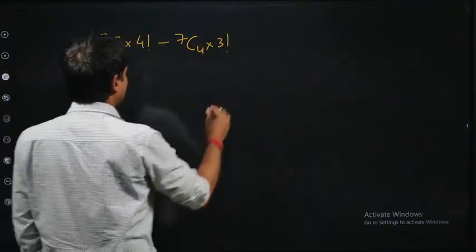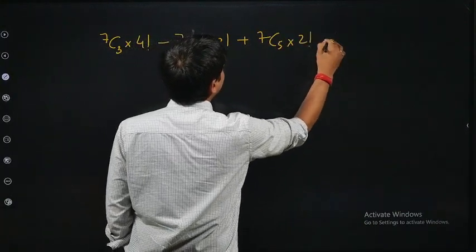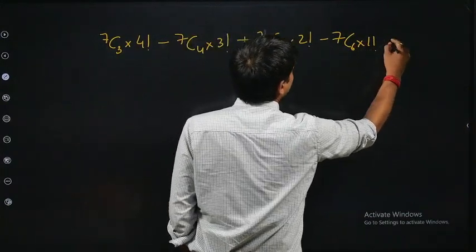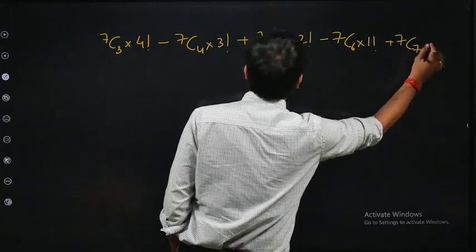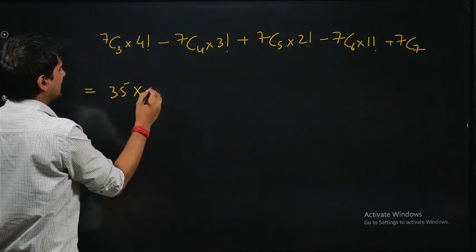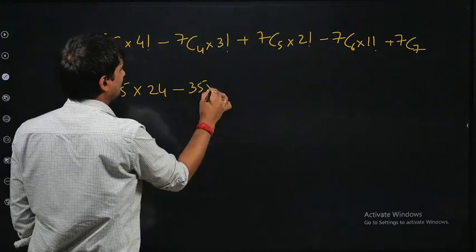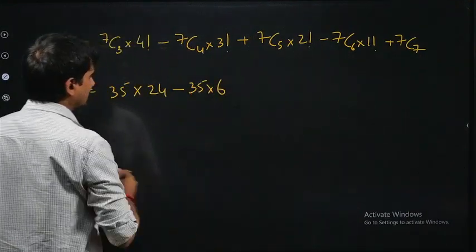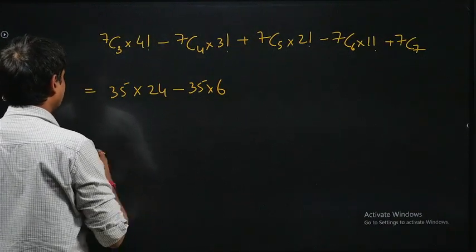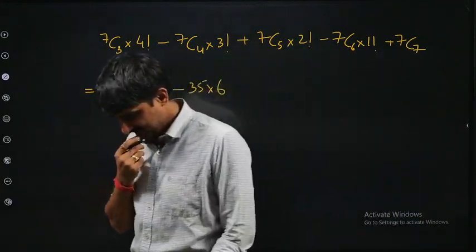7c4 into 3 factorial, then plus 7c5 into 2 factorial, minus 7c6 into 1 factorial, and then it is plus 7c7. Now let's try to do it. 35 into 24 minus 35 into 6, and then I think something went wrong here, right? It's a huge number, so we'll have to think what went wrong.